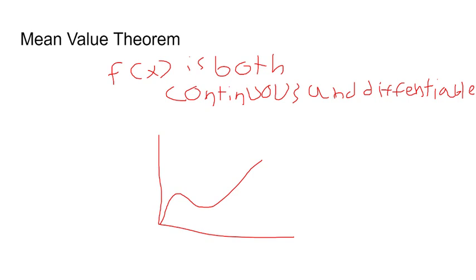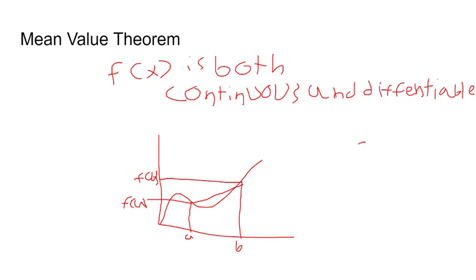You can take point A, and then point B, right? And then f of A and f of B, and basically you can take the average rate of change, which is just the rise over the run, right?